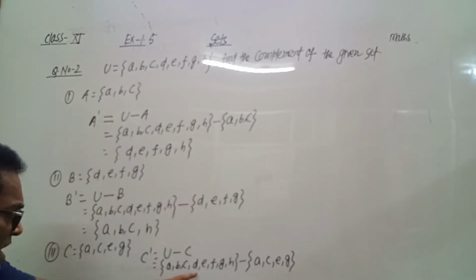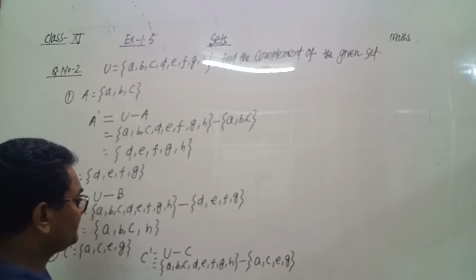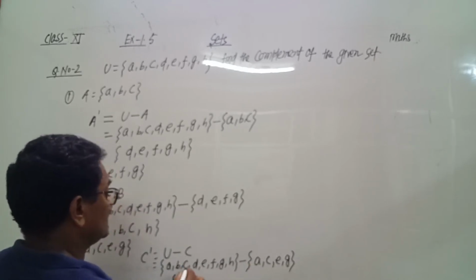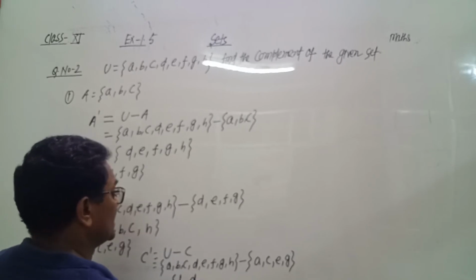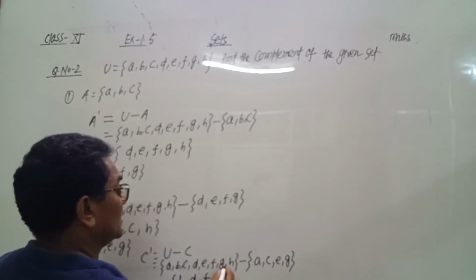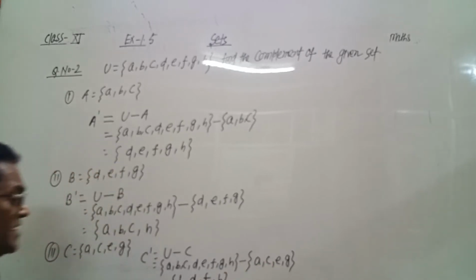So exclude: A is available, C is available, E is available, G is available. B is not present in this set, D is not present, F is not present, and H. So B, D, F, H is the complement of C.